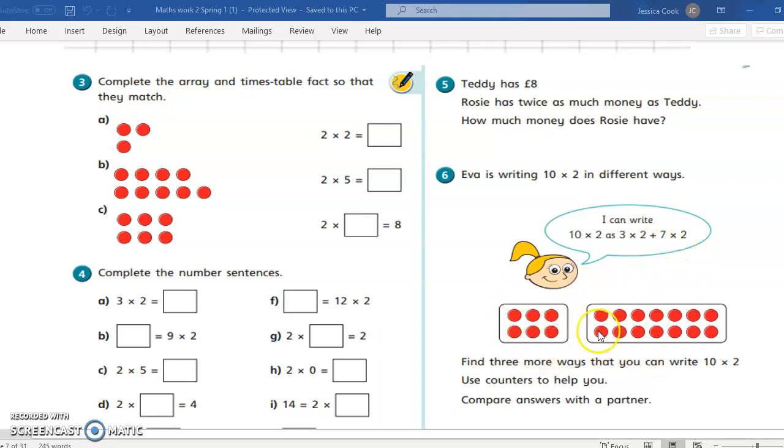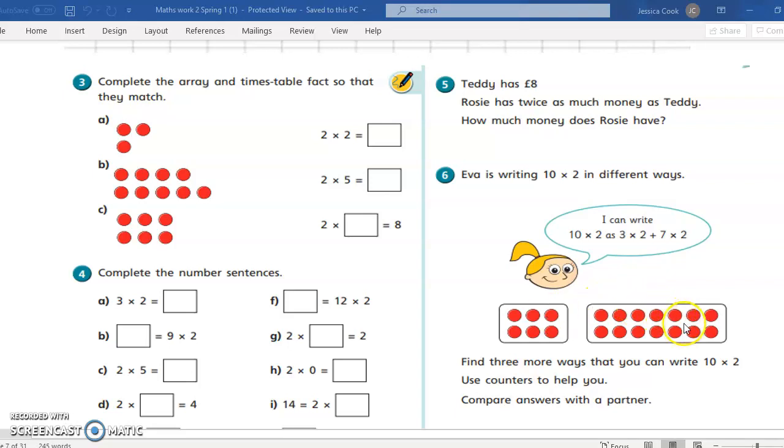Then this representation is showing us 7 times 2, which is 2, 4, 6, 8, 10, 12, 14. And we know that 14 add 6 is one of our number bonds to 20, so we know it equals 20.